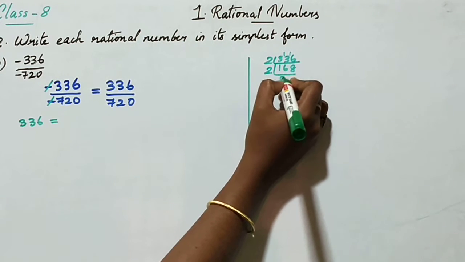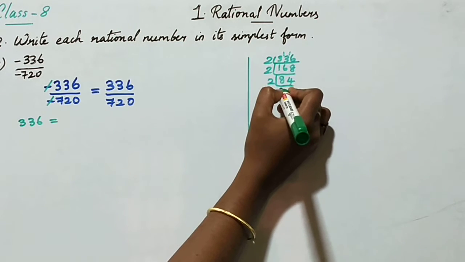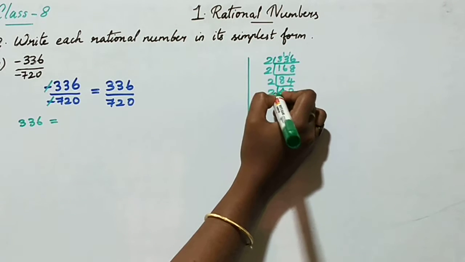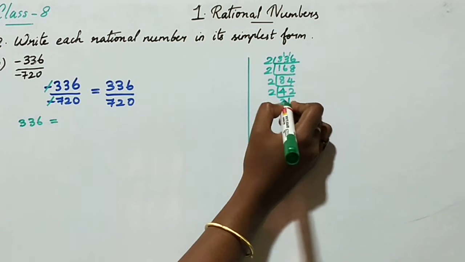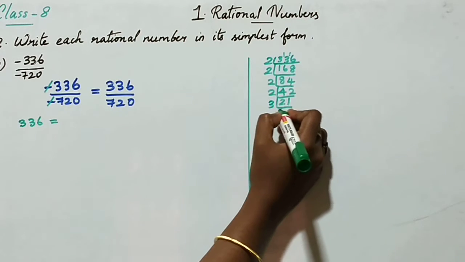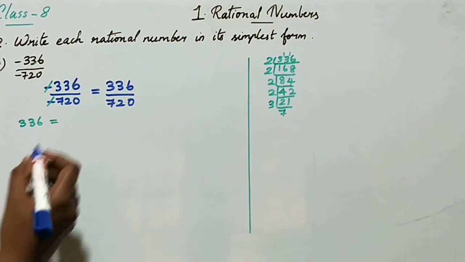So 4 2s are 8. Again in second table. 2 2s are 4. Again in second table. 1 2 is 2. So 21. The ones place is an odd number. So 21 can be divisible by 3, right? So third table. So 7 3s are 21. Now I got the prime factors for 336.